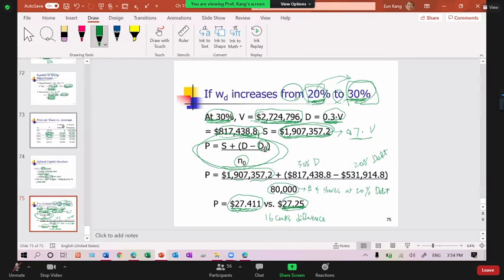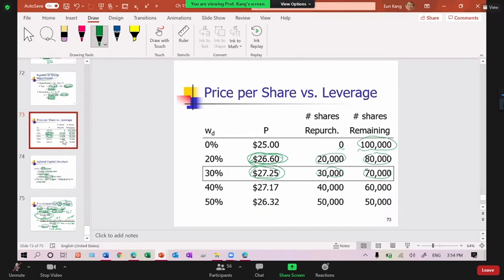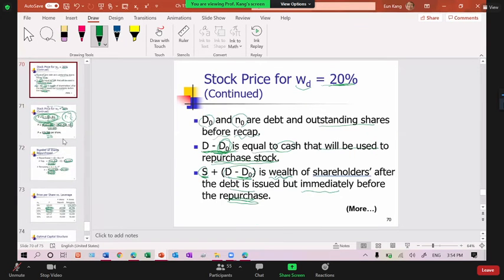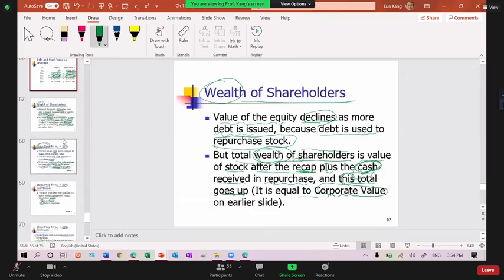So you try to get the maximum benefit of that, not jeopardizing your existence, that is, not making your bankruptcy cost high. Right? Because those things are already incorporated in this data.